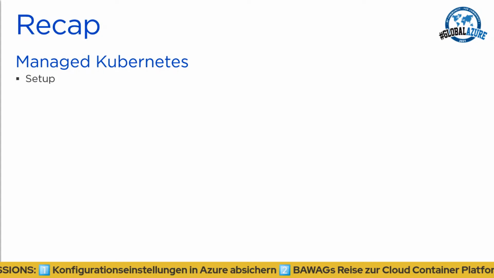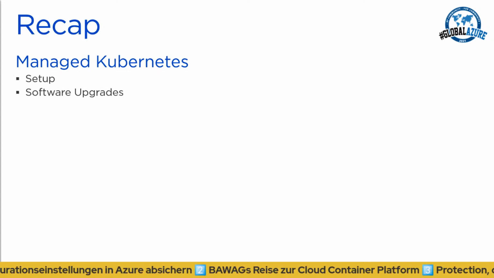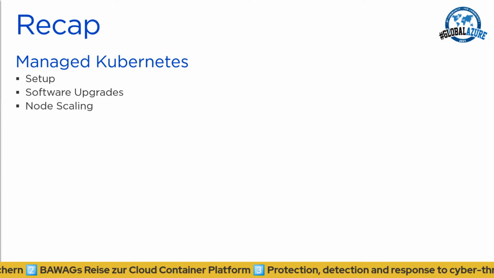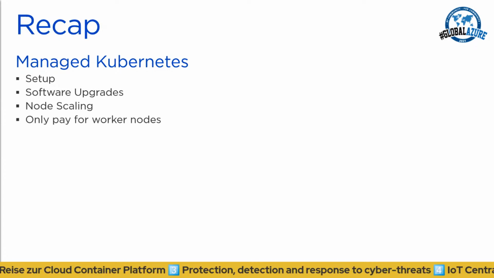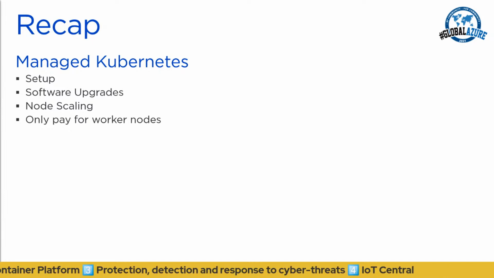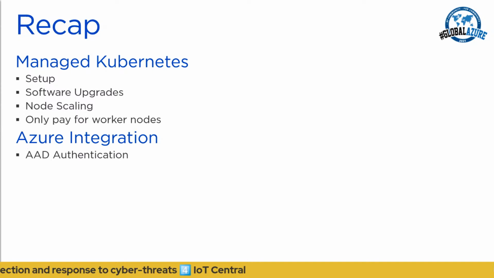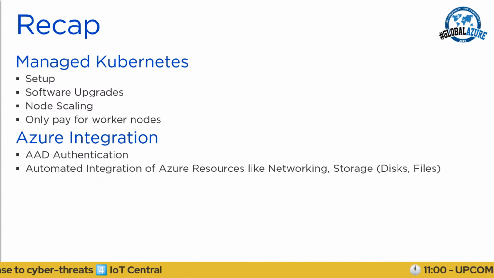So what have we seen? We have a managed Kubernetes, so it's an easy setup. The software upgrades are fully managed by Microsoft. We have automated node scaling, which is possible. We only pay for the worker nodes, with a pay-as-you-go model. We have the full Azure integration, so we have the AAD authentication.